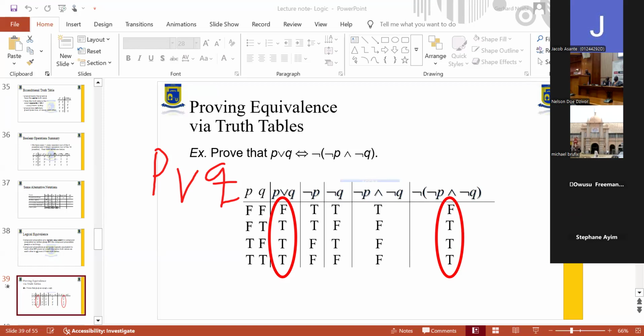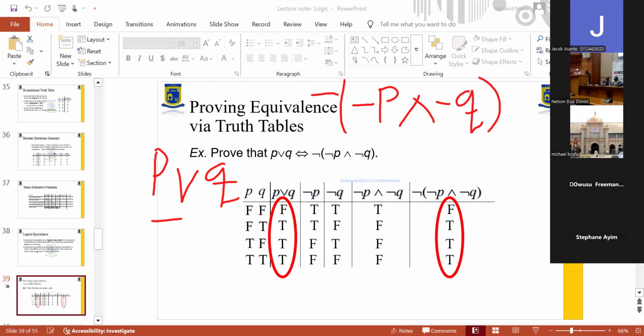We are saying that in terms of equivalence, when you take the negation of that particular statement, when we take the negation of this, we will still have the same output as this.